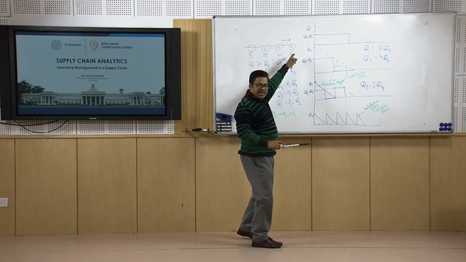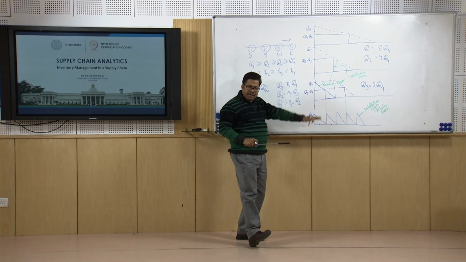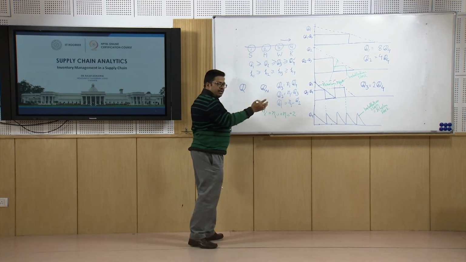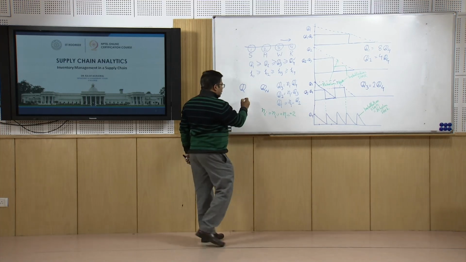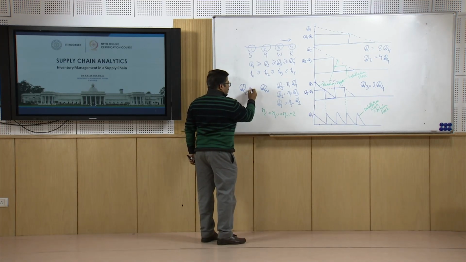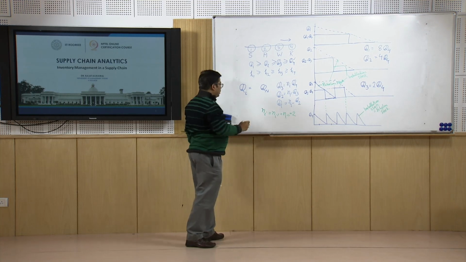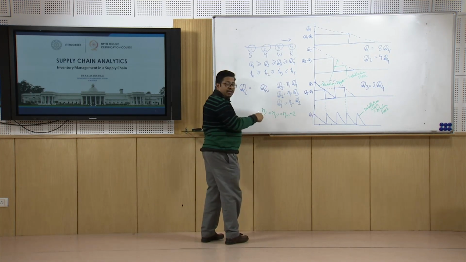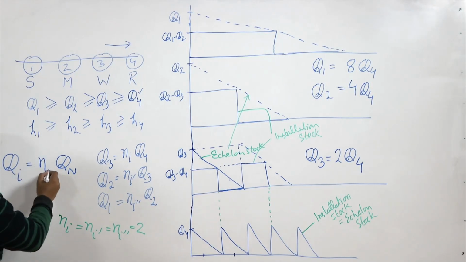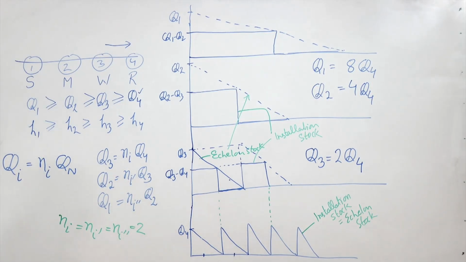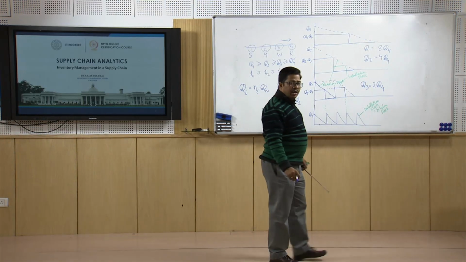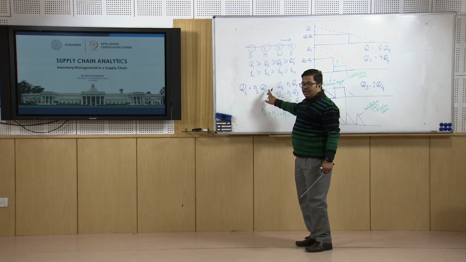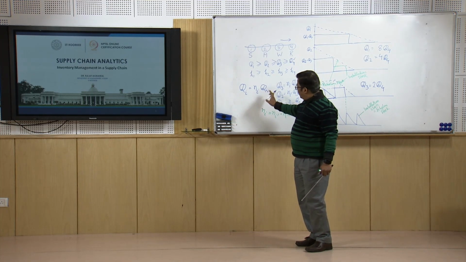This is the nth stage of my supply chain, and I can write all the stages, let us say Qi, in terms of my values of Ni. So this is how I can represent all my stages with the help of the last stage.